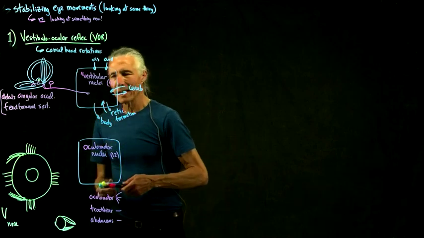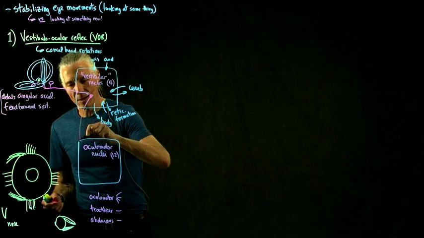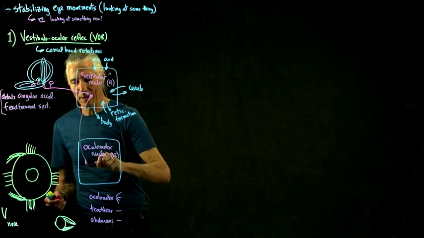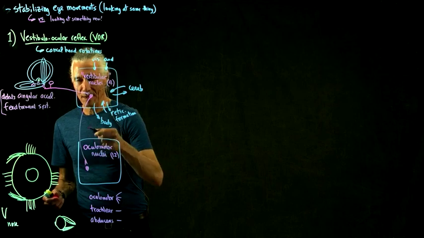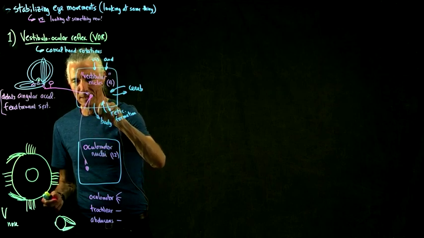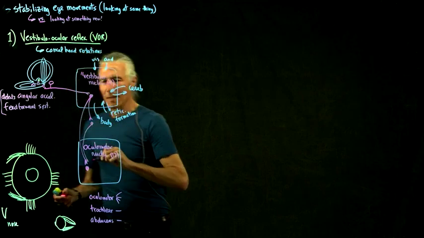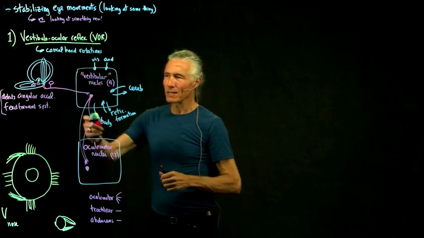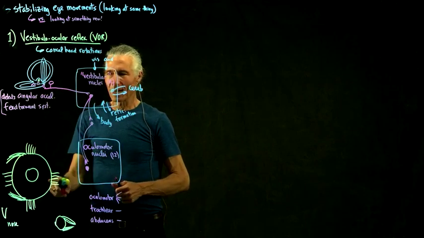And if you look at the connections, the vestibular nuclei connect directly to these oculomotor neurons. There are a lot of other obvious connections, that connects to something here, and then that goes in too. But there's a direct monosynaptic connection: the ganglion cell, vestibular nuclei, oculomotor nuclei, and back out.